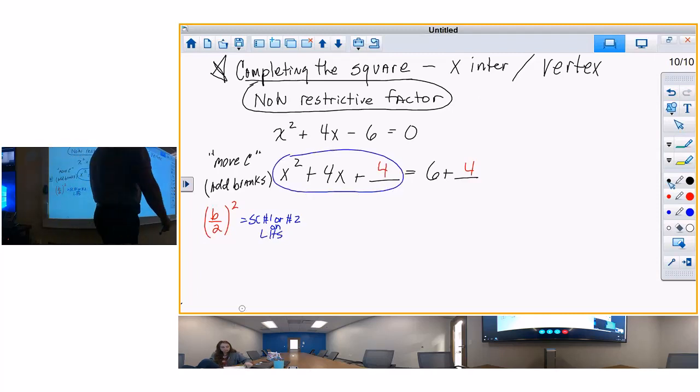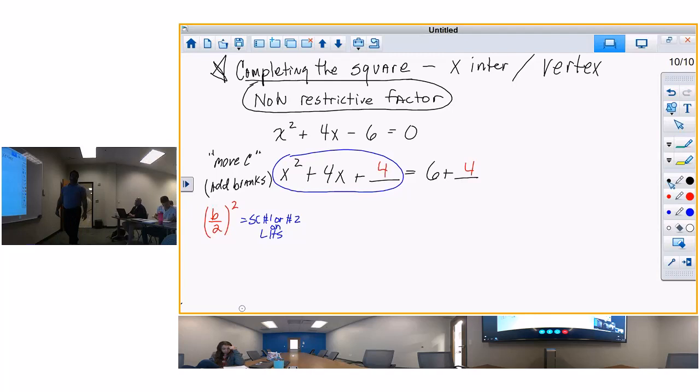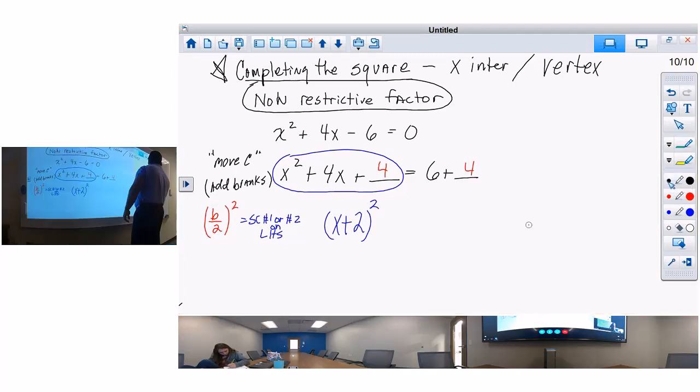And which one is it? Number 1, which will give you x plus 2 quantity squared is equal to 10.